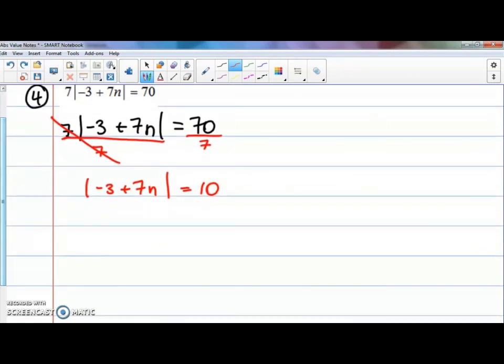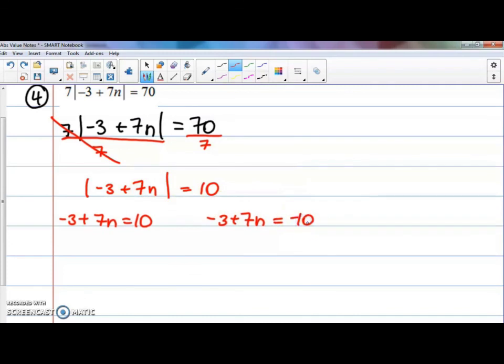So we're going to set up our two cases. Our first case will just be negative 3 plus 7n equals positive 10. And now our second one will always be the same thing that's inside the absolute value bars, so negative 3 plus 7n. We never change what's inside those bars, we just drop it down, equals, and this time we're going to be negative 10. And guys, this is our last example.